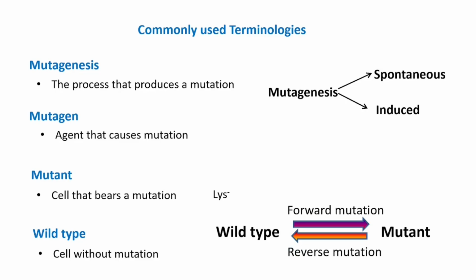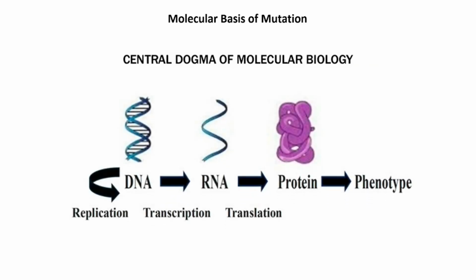So let us first try to understand the molecular basis of mutations. For this, we need to revise the central dogma of molecular biology, which describes the flow of genetic information within a biological system. It was first articulated by Francis Crick in 1958 and is often summarized like this.